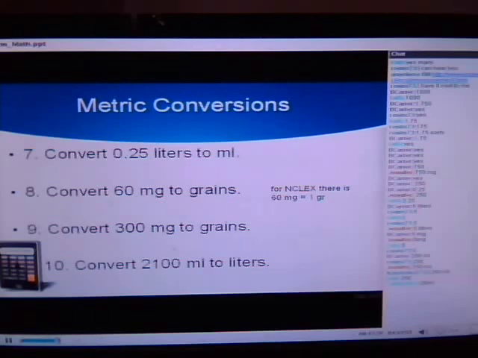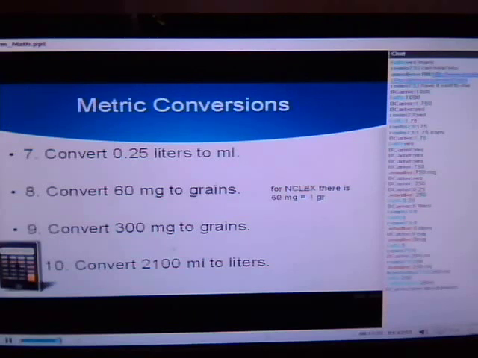For the NCLEX, there is 60 mgs equals 1 grain, right? That's what I want you to know, not 64. People argue about that, all right? I'm going to say 60.